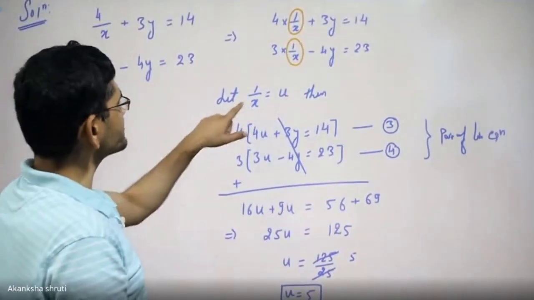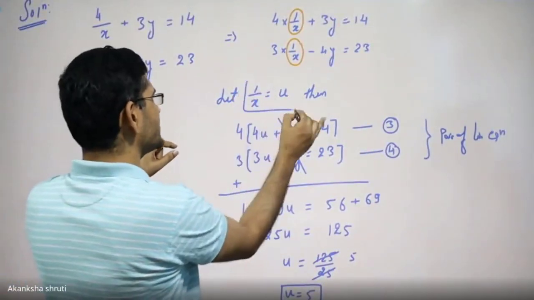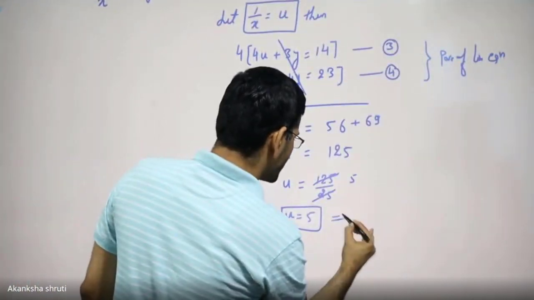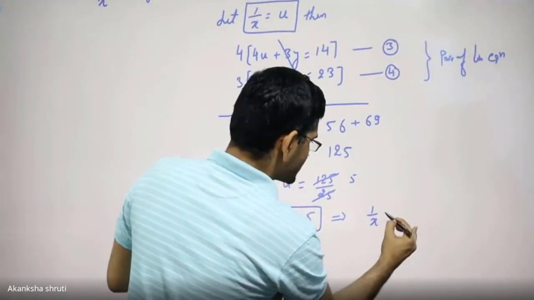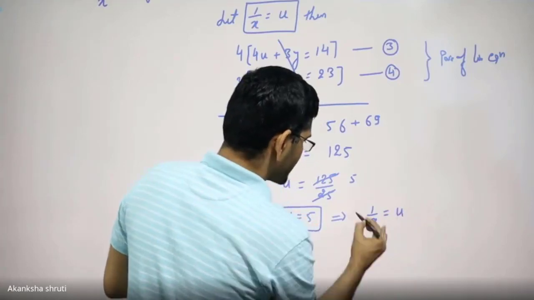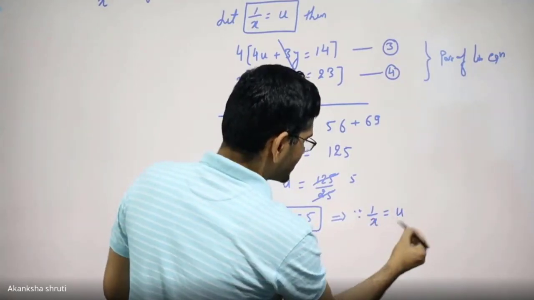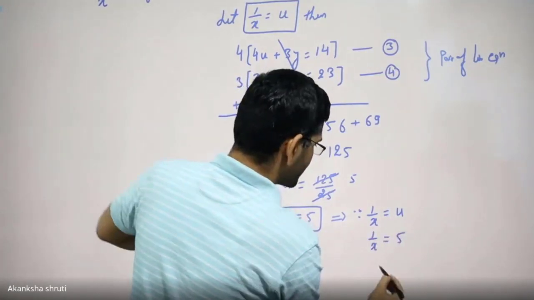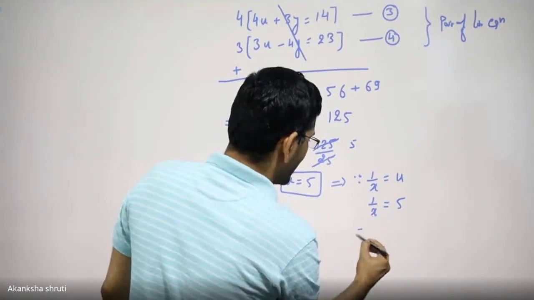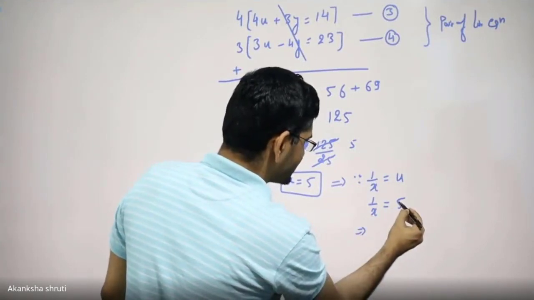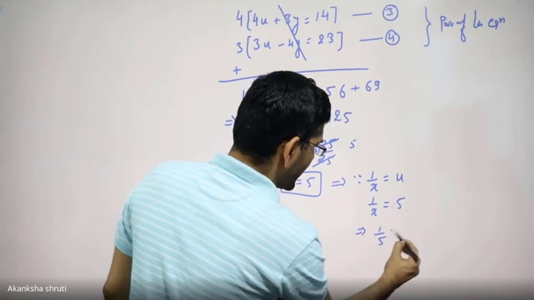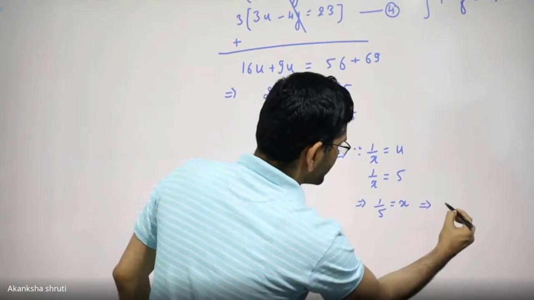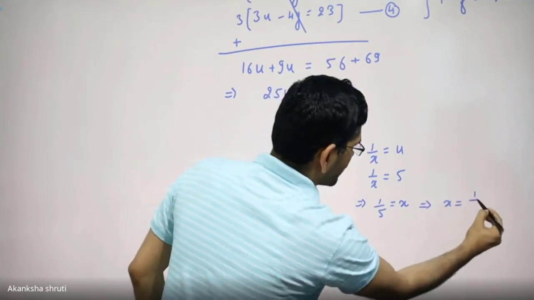But what is our substitution? Our substitution is 1/x = u. It means I can equate this with our assumption 1/x = u. Since we have assumed this, 1/x will be 5, but we need to calculate x. For that, go for cross multiplication: bring this 5 to the denominator and x to the numerator. From here we get the value of x as 1/5.